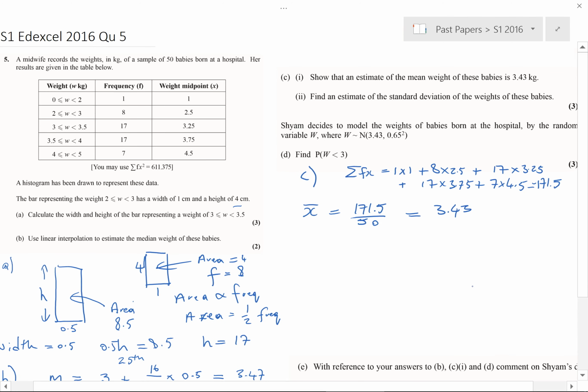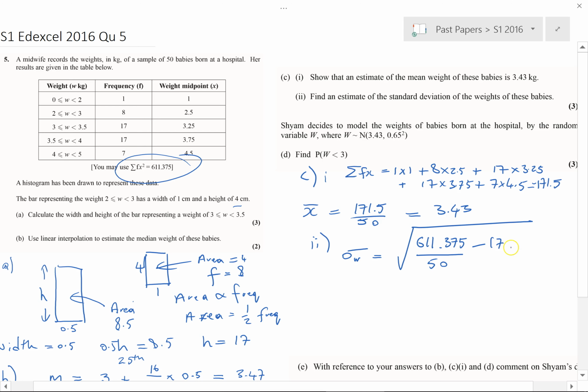So the second part of that, the standard deviation, is going to be equal to the square root of, because remember it's a standard deviation of W we want, the square root of sigma x squared, which is equal to the number we got here, 611.375, divided by 50, take away this number squared, and put in the exact number rather than the approximated 3.43.